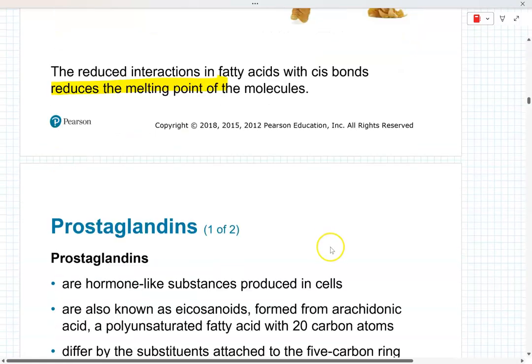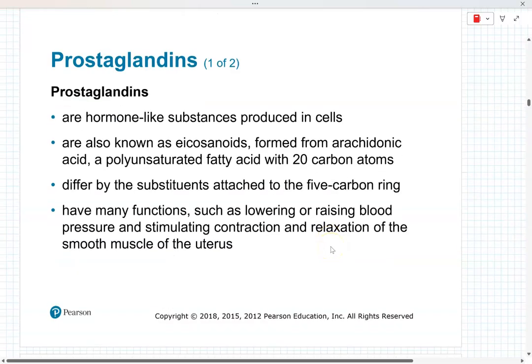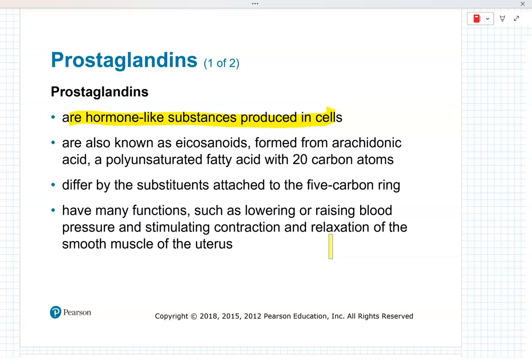Now, this is sort of a dramatic shift of gears here, but let's chat about this. So what about prostaglandins? Prostaglandins are indeed fatty substances that are produced in the cells, and they are formed in the process of metabolizing the arachidonic acid.